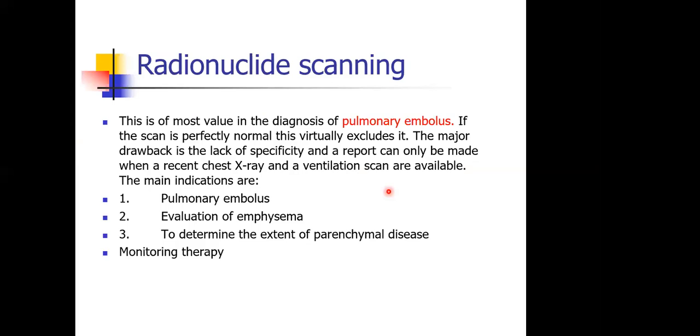It doesn't have a very big role in thoracic imaging currently, but before it was mainly employed in the diagnosis of pulmonary embolus. And when it would be used to diagnose the embolus, there must be a recent chest radiograph along with it.